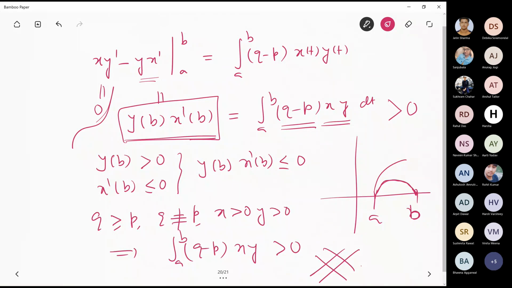You substitute the values of a and b, right? When you substitute the values of a and b, x into y, x is going to be 0 at both ends, and y is 0 at a. Maybe I did. Yes, sir. There is a negative sign. Yeah, no, it won't come because I probably did not write it. When I copied from here to here, I changed one sign.